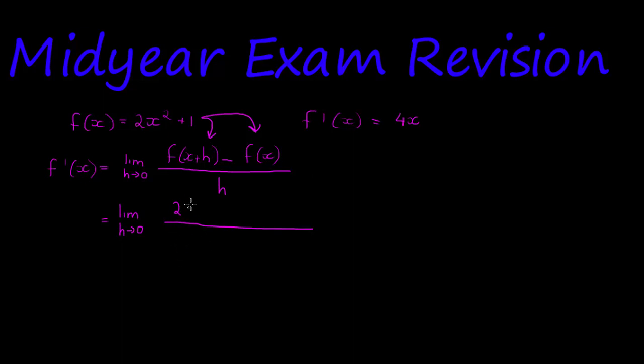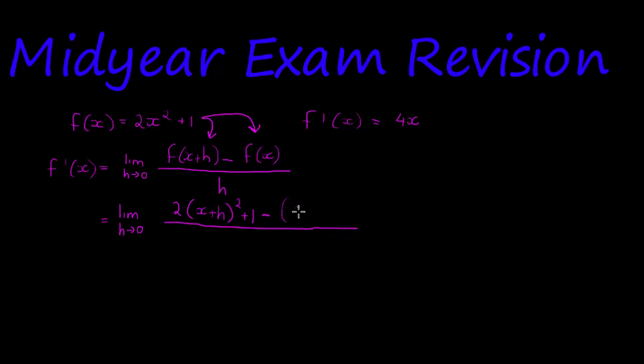Whenever I substitute, I should use brackets. So everywhere I see an x, I'm going to put an x plus h, squared, plus 1. Now I'm subtracting. Again, I'm substituting. So minus, and then this is where a lot of other people lose their marks.